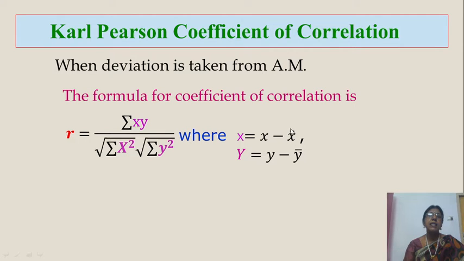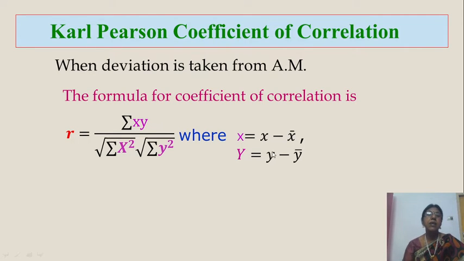X bar means the mean of the given data x. We have given x observations and y observations, two sets. Correlation means the relation between these two sets. Suppose xi's are given: you first find x bar, the mean of the x set, sigma xi by n.